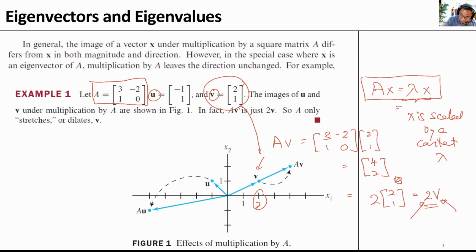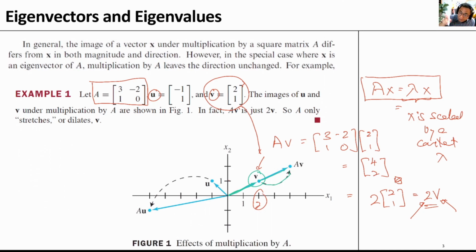Visually, it's very interesting. The vector V is here, and the vector AV lies on the same line as V, and that's the key interpretation. Because V is only scaled, the resultant AV must be on the same line.